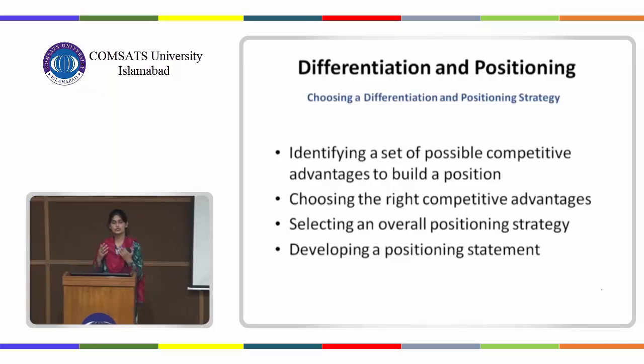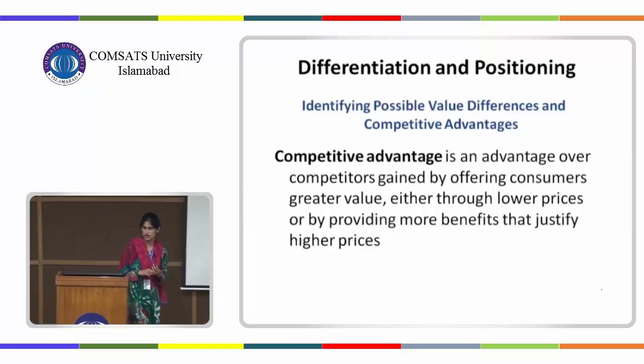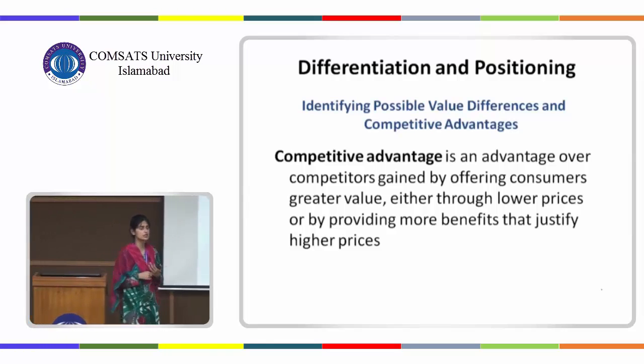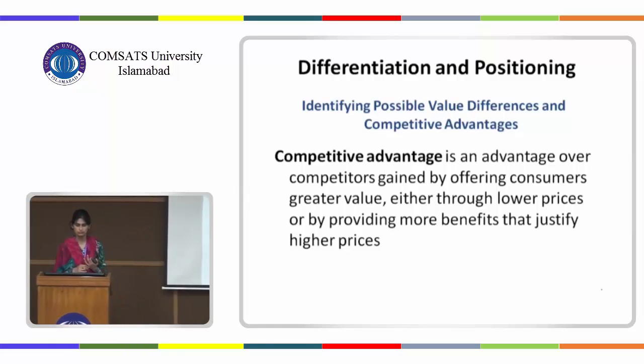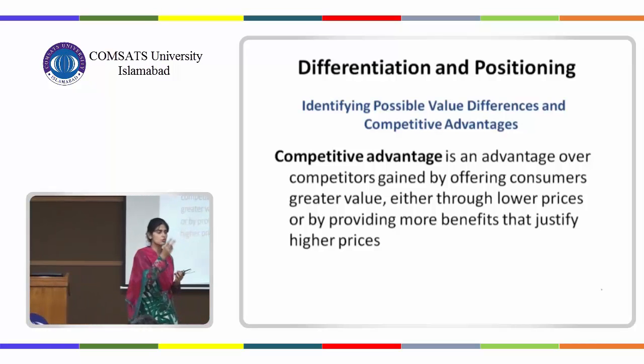Now how do you choose a differentiation and positioning strategy? The first step was identifying a set of possible competitive advantages that you can build on, right? So what is competitive advantage? It is the advantage that you have over the competitor. So we said there are two broad basic ways of attaining competitive advantage. What was that?